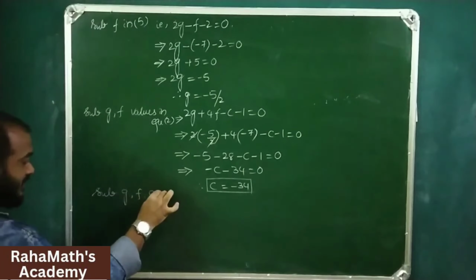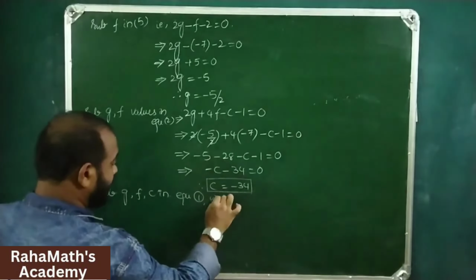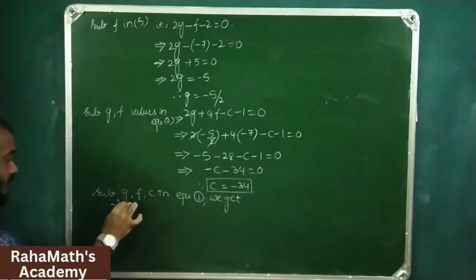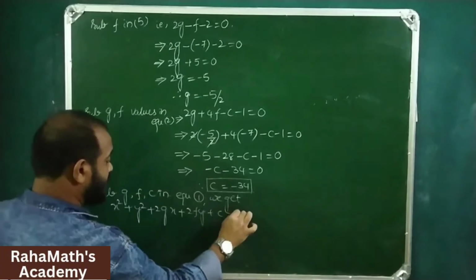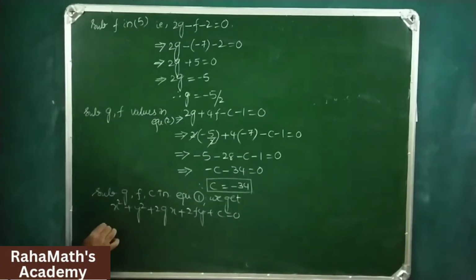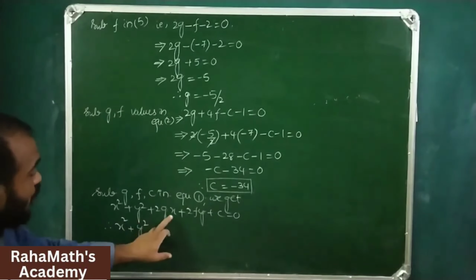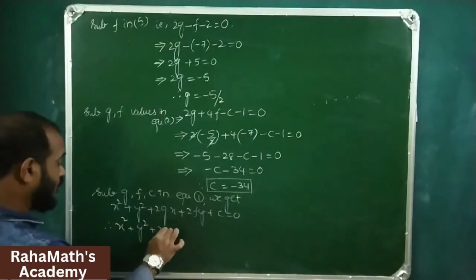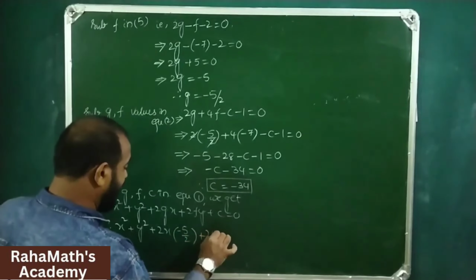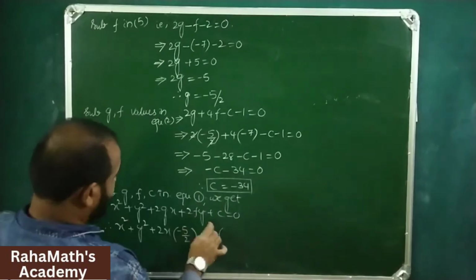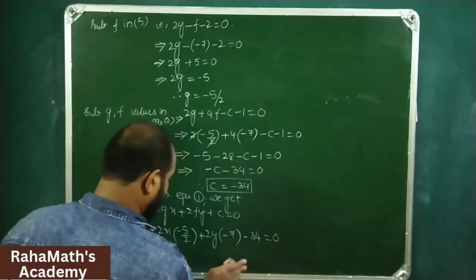Substituting G, F, C in equation 1, the general equation x square plus y square plus 2gx plus 2fy plus c equals 0, we get x square plus y square plus 2x into g value, which is minus 5 by 2, plus 2y into f value, which is minus 7, which we got earlier, plus C value minus 34 equals 0.